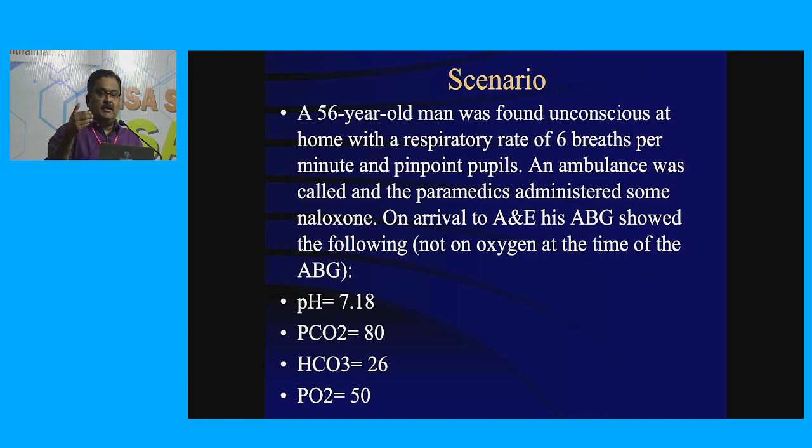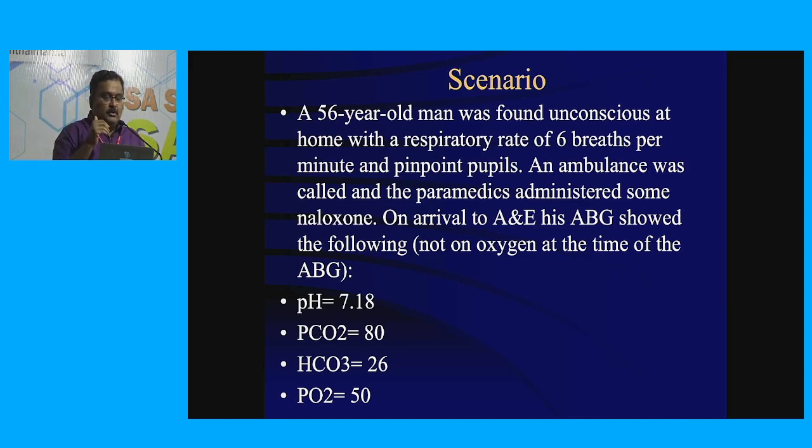So what we want to see here is, is this an acute event or a chronic event? From history we can say this is an acute event. Some poisoning with opioids, pinpoint pupil and all is there. But ABG wise, can you say this is an acute event or a chronic event? So what is the change in PCO2? 40 is increased.